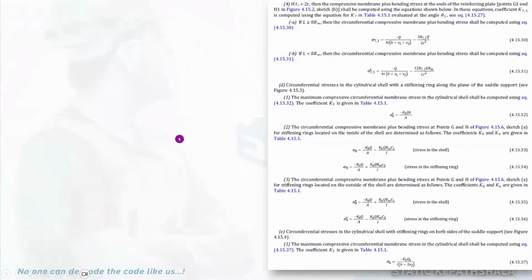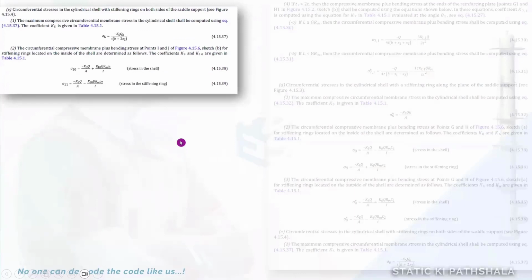So shear stresses we are going to calculate. Then, whether a stiffening ring is provided or not, as per that we are going to calculate the circumferential compressive membrane stresses. So longitudinal stress, shear stress, and compressive stress at the horn of the saddles we are going to calculate. These are given in much detail in Division 2.